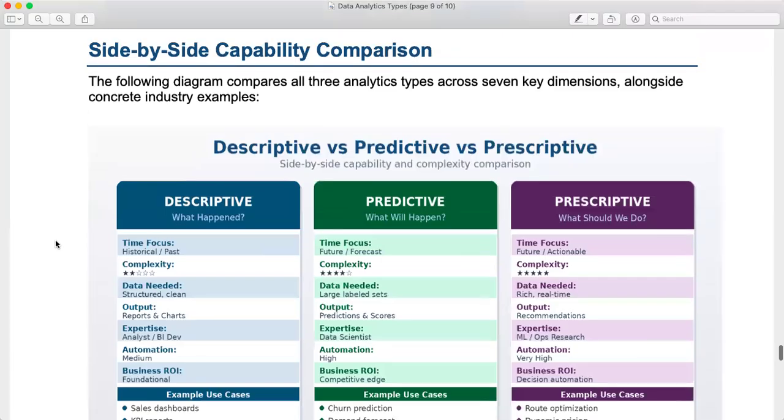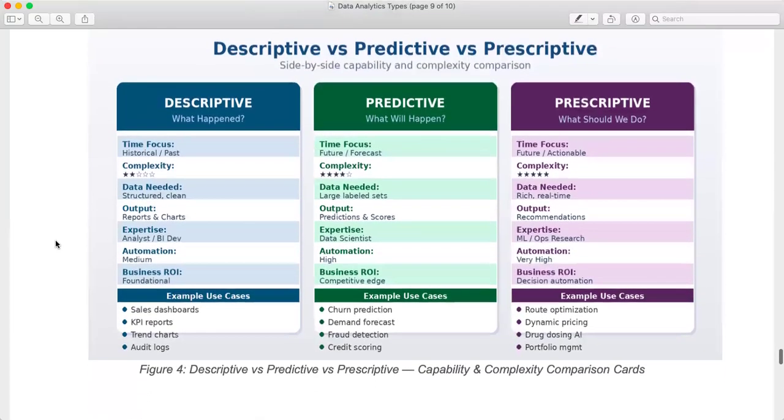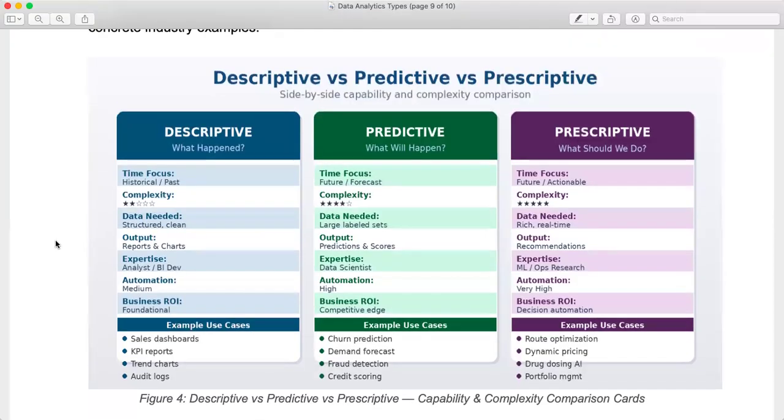So now the side-by-side comparison of the three which we discussed. If you look at the time, we have already seen that descriptive is from the past, predictive is for the future, and prescriptive is for the future actionable.